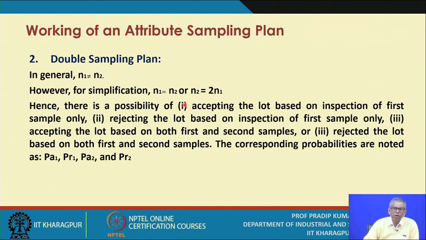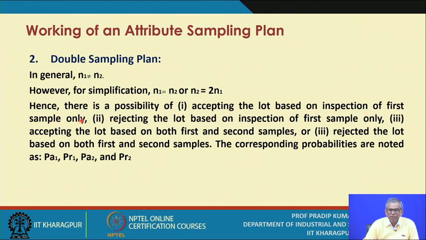So here also the same norms we follow, and that's why in many cases we hold N1 equal to N2, or sometimes the second sample size is twice the first sample size, 2N1.